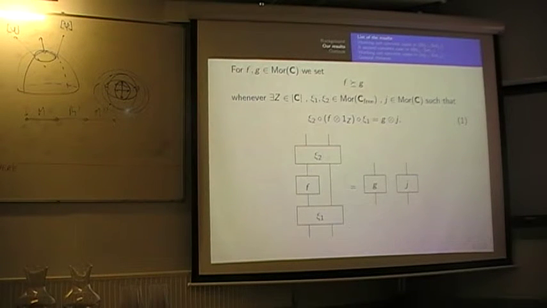You can say this one is greater than or equal to this one whenever we have free processes, either one of the two free processes, and J can be an arbitrary morphism. So when there exist two free morphisms such that this equality holds. So this is the definition for this relation, this categorical assessment.